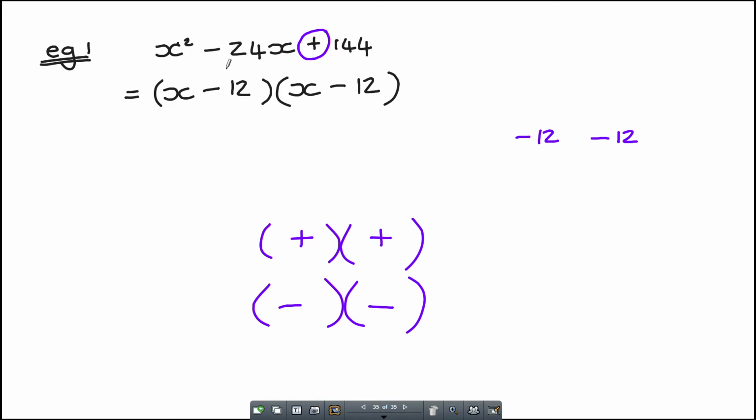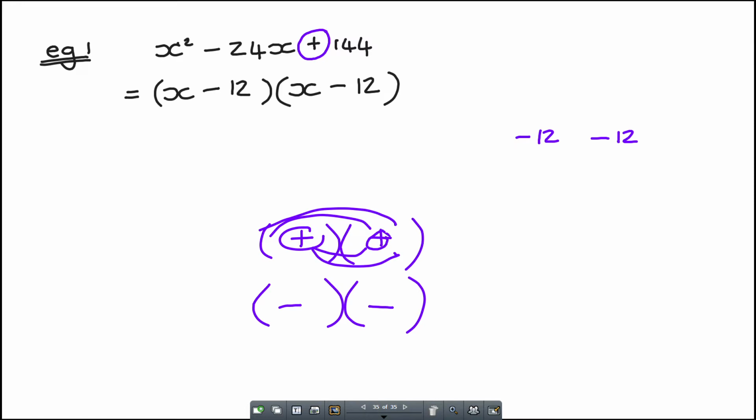I have got to get minus 24. The product of 144's factors should be the sum of minus 24. And when I do FOIL, there's no way that I can get a minus 24 if there's only positive signs.